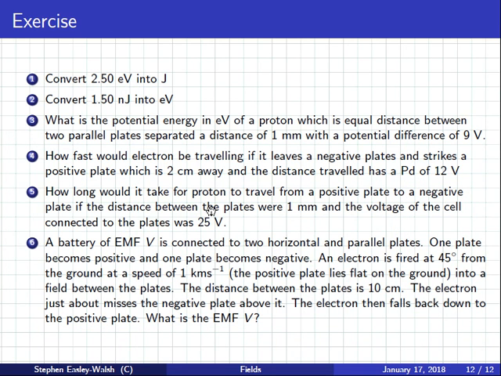Next one. How long would it take for a proton to travel from a positive plate to a negative plate if the distance... So this is really the same question, except this time I want the time. What is different for part 5? The voltage and the distance.